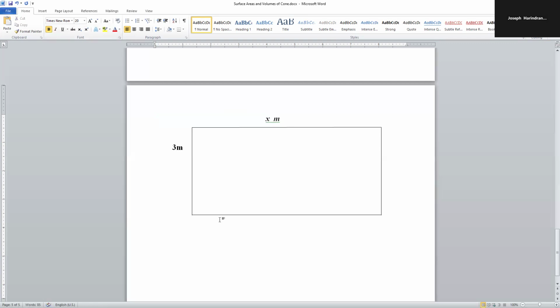Now the problem becomes simpler. We are given the height of the cone. Height is 8 meters, and the base radius is given as 6 meters. So for the CSA, what do we need? We need the slant height. So first of all, we have to find the slant height to find the CSA.